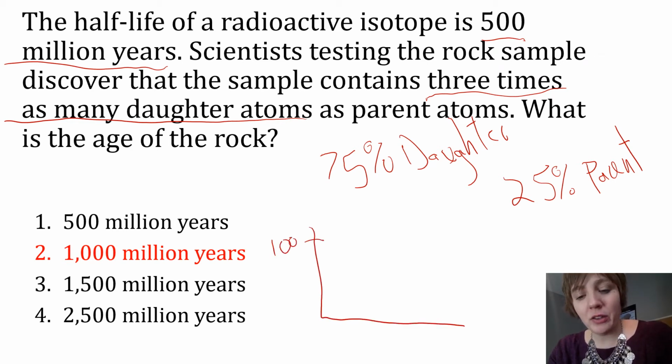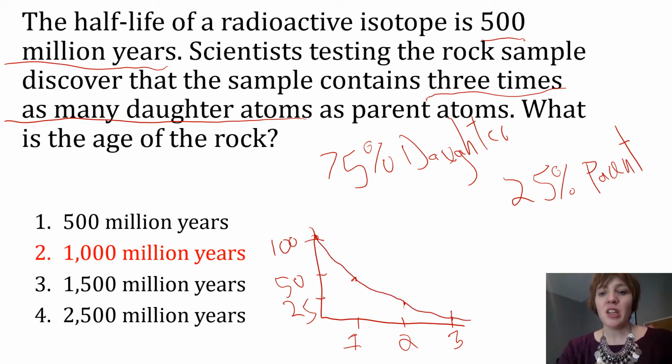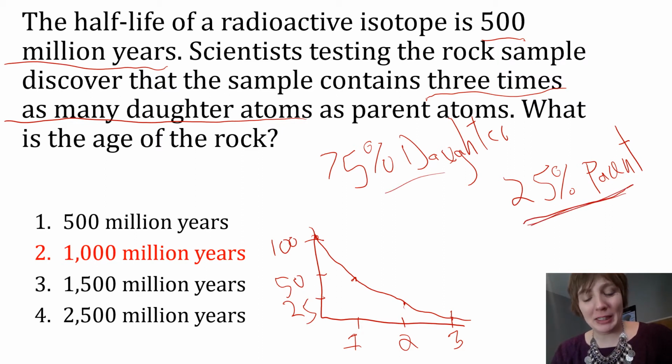So, if we go ahead and draw ourselves a nice little decay curve to help us out. We know at time 0 it's 100% parent, after one half-life 50, after two half-lives 25, and so on. So we can draw on our curve. Now, 75% daughter means 25% parent.